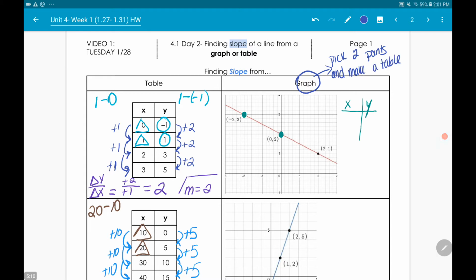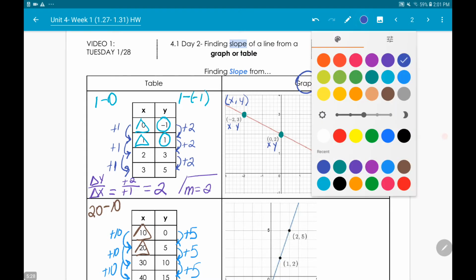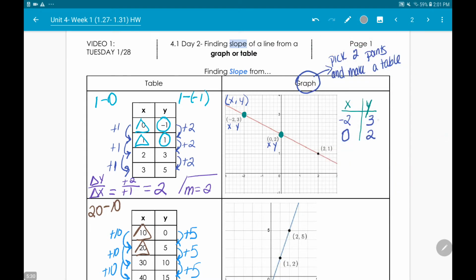Okay, so when I have coordinate points, remember points are x comma y. So my x is -2, my y is 3. My x is 0, my y is 2. And let's find the change. From 3 to 2, that sounds like -1. I went down 1.